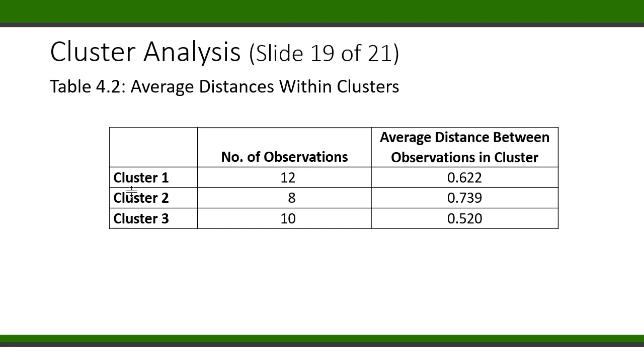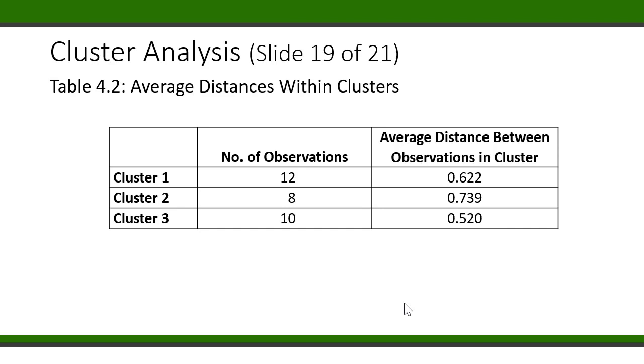And so it says cluster 2 here is between observations is 0.739, so that's a higher number, and so that means it's the most heterogeneous cluster, so that's the most spread out of the groups or observations that are in that. And the one that has a smaller number, that's the one that's more alike or homogeneous.